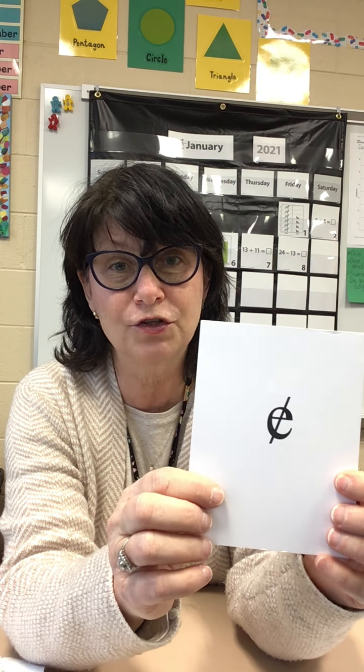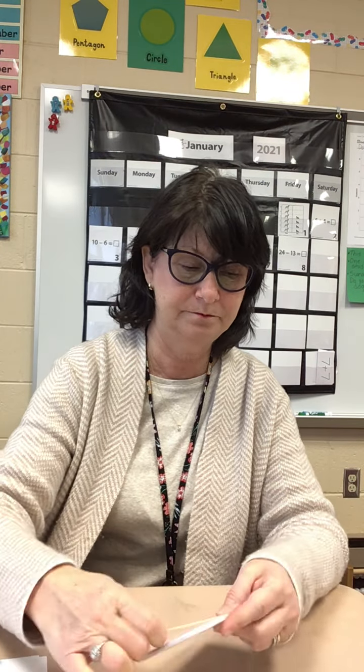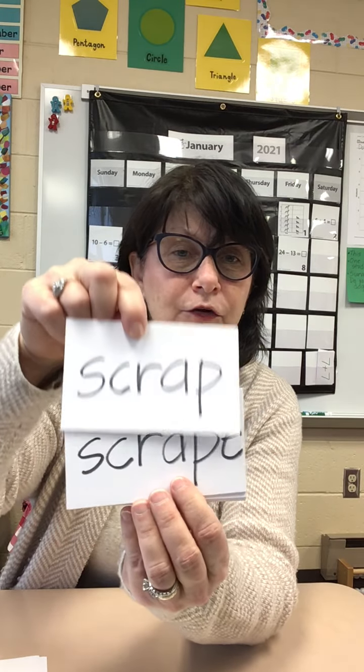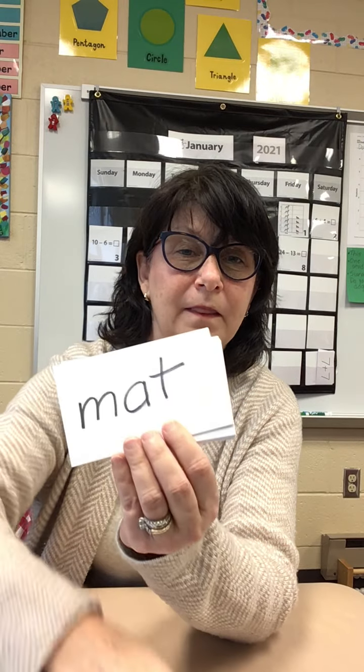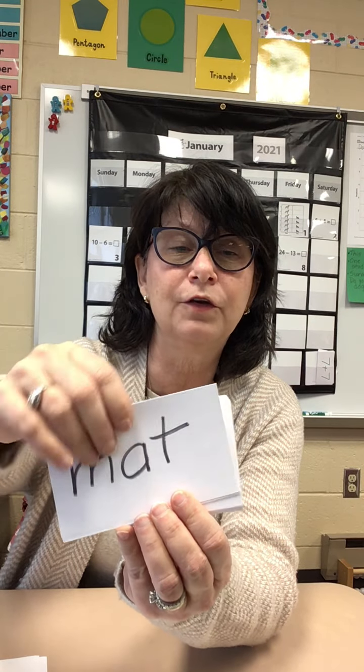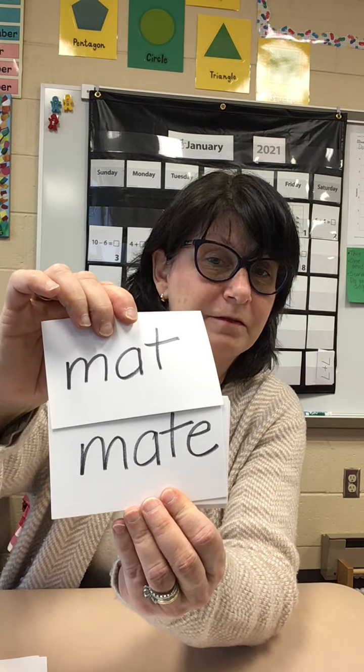Great job. This is a reminder about the silent E. Always look for that at the end of a word. It changes the vowel sound from short A to long A. It says its name if it has a silent E on it. Here are some examples. Scrap turns into scrape. Mat turns into mate.